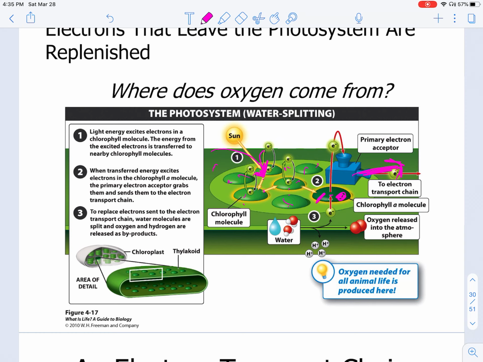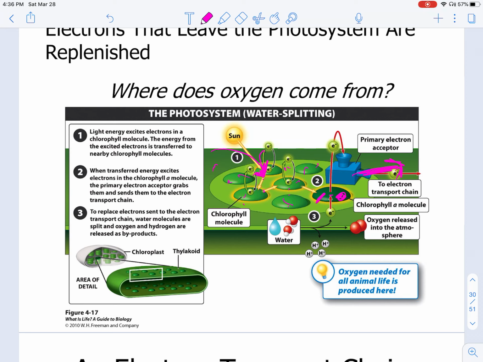Now, once that happens, there is a problem. Electrons are important, and this antenna system can't tolerate a loss of electrons. And so it is hungry to restore that electron that is shot out of the antenna system.